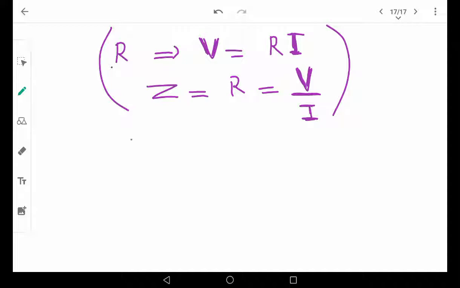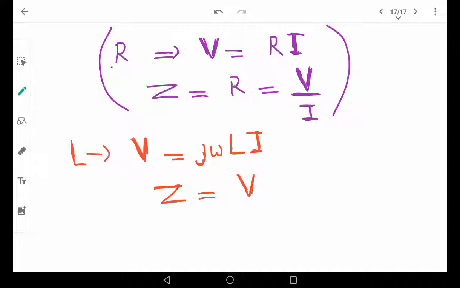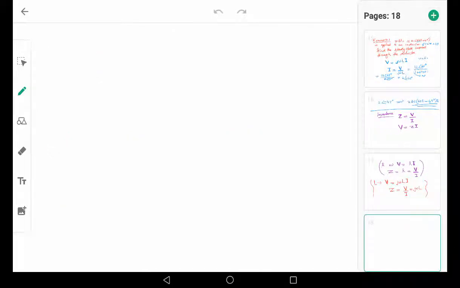Now if you go for the inductance, your phasor V is given by j omega L times phasor I, isn't it? So the impedance Z is given by V by I equal to j omega L. This is for the case of an inductance.